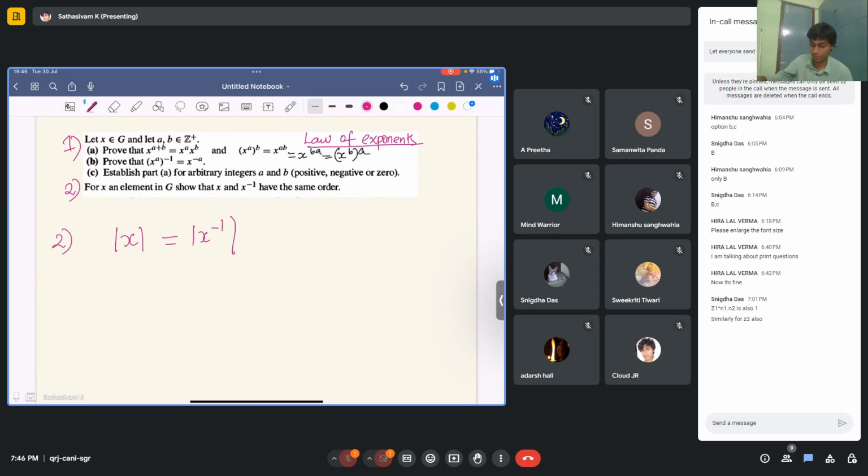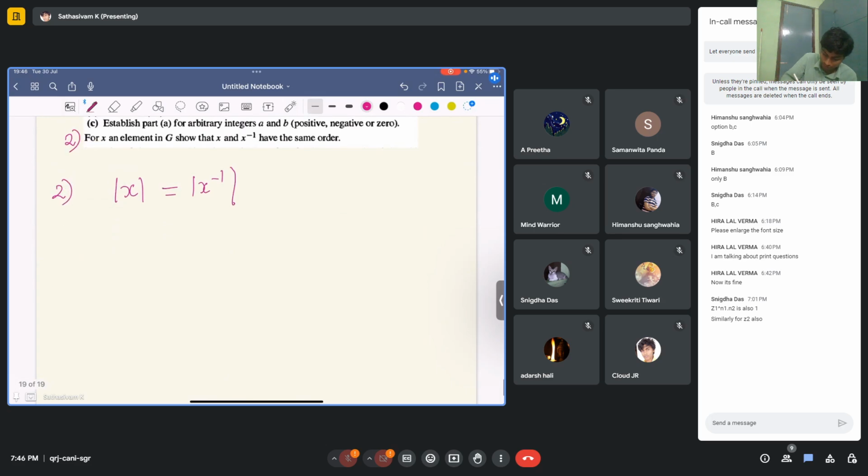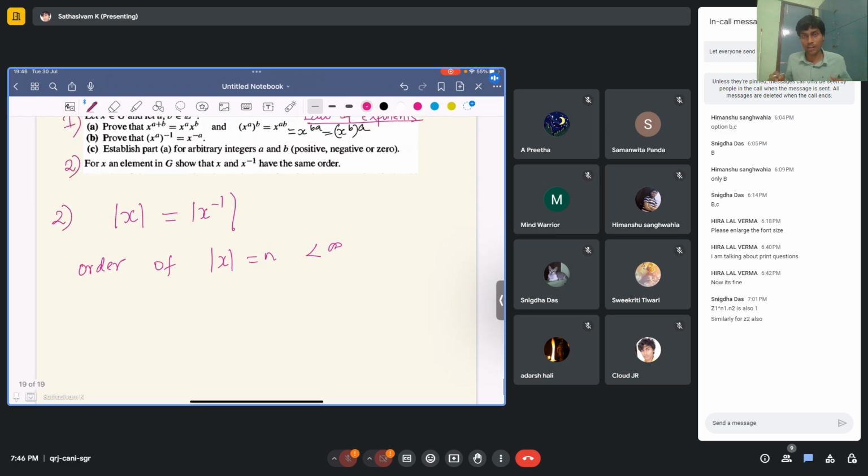If you have any idea, you can tell. For now let's assume the order of x is n, less than infinity. Let's assume the order exists. It is possible that there is no such n such that x power n is 1.